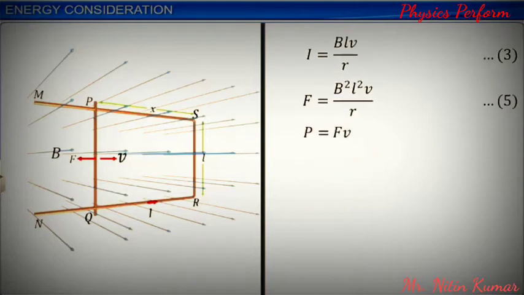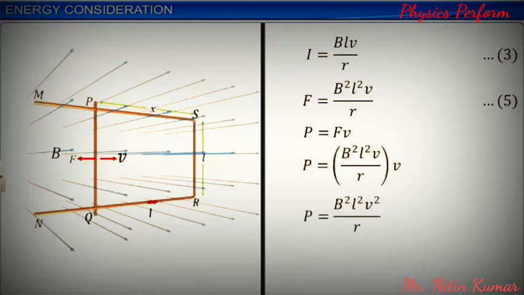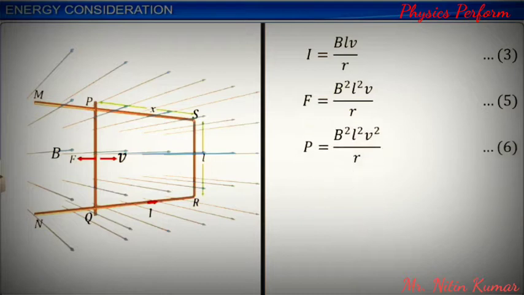On substituting the value of F from equation 5 and simplifying, we get the equation P is equal to B square L square v square by R. Let this be equation 6. Notice that the work done in moving the arm PQ is mechanical in nature.